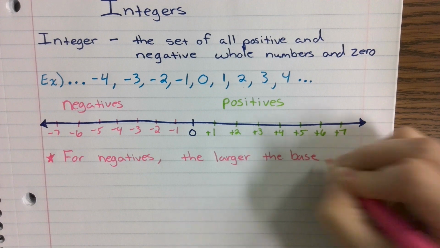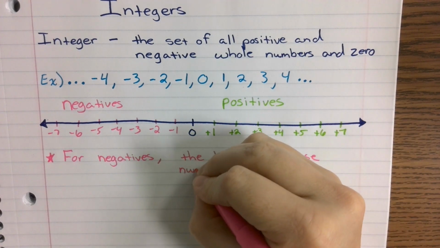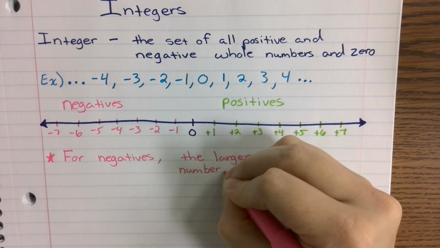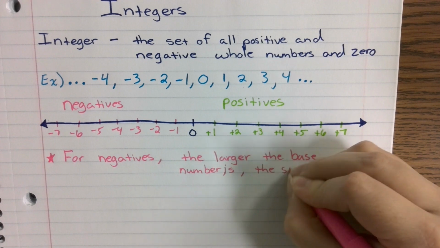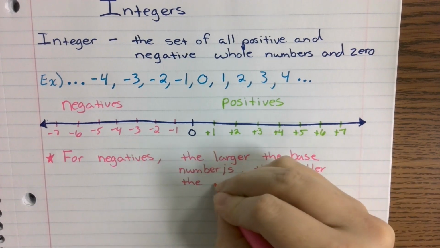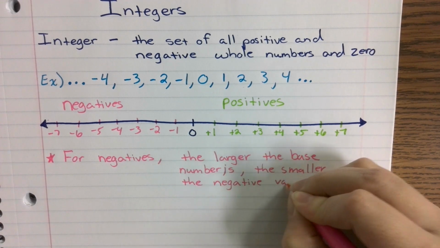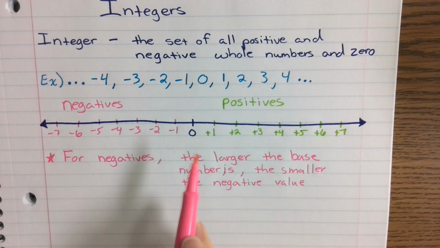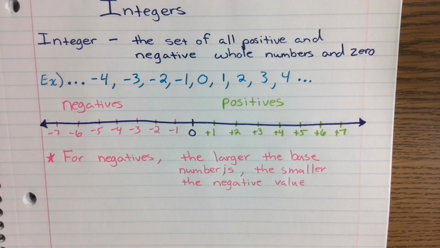So when I'm talking about a -2, 2 would be that base number. As your base number gets bigger, the negative value is worth a smaller amount. It gets further and further away from 0.